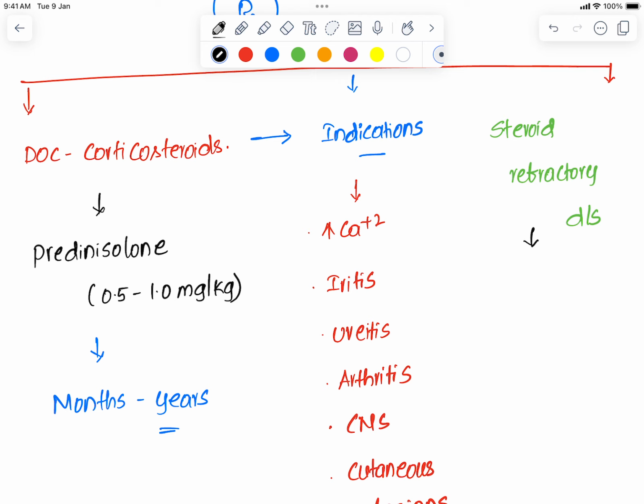The alternative immunosuppressive medications include methotrexate, next azathioprine, next infliximab.